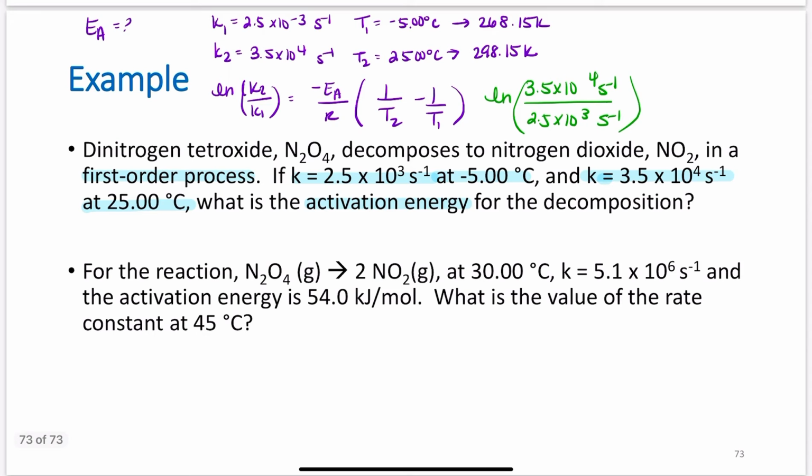equals negative E sub A over R, 8.314 joules per mole K, times 1 over 298.15 K. And I am absolutely running out of room.